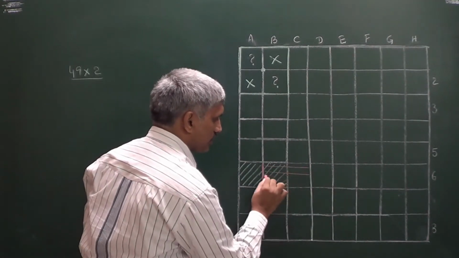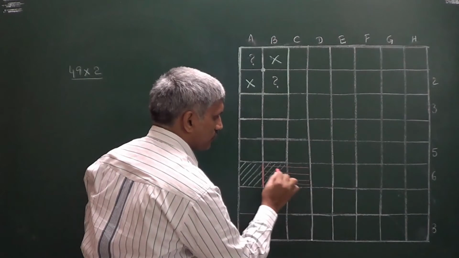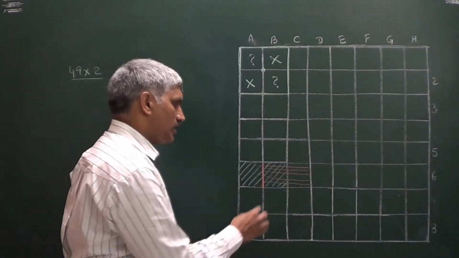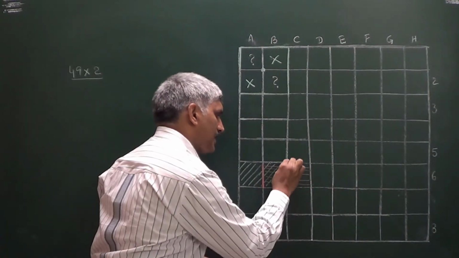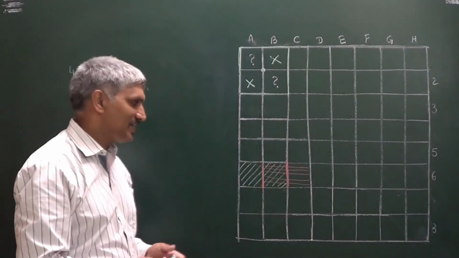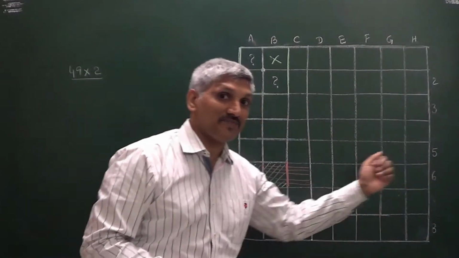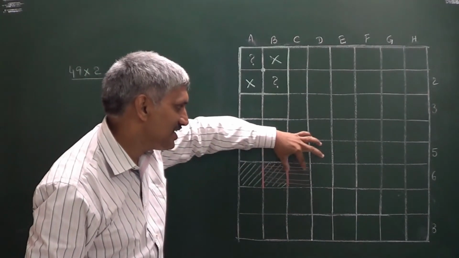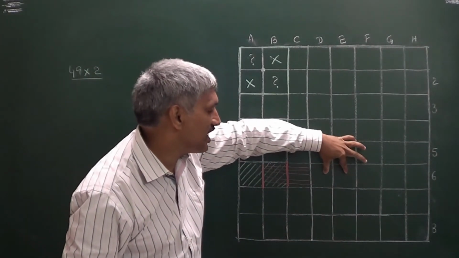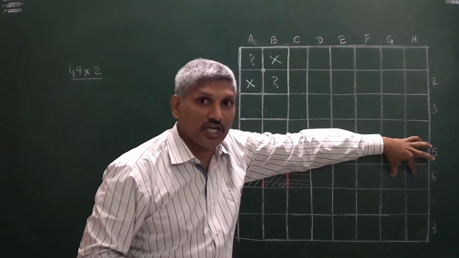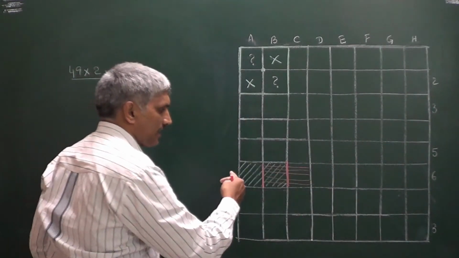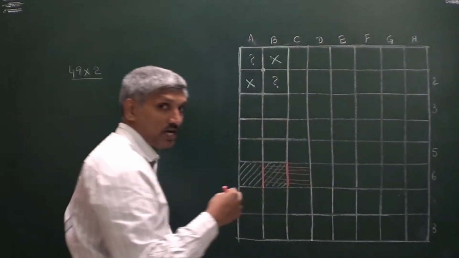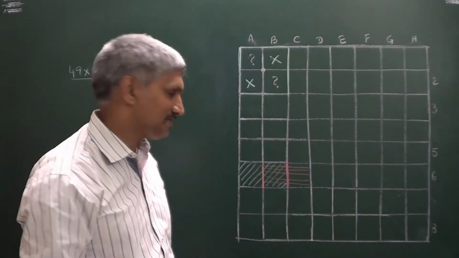If you select these two squares, then also this side is common. So like that, how many possibilities are there? 7. Either AB, BC, CD, DE, like that finally GH. That's why in this row we have 7 options.